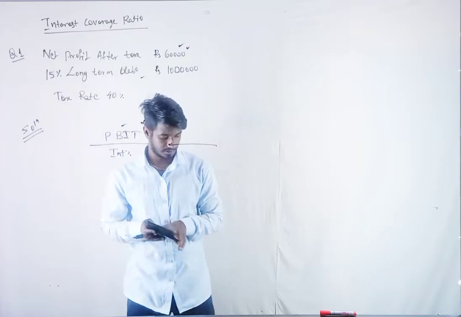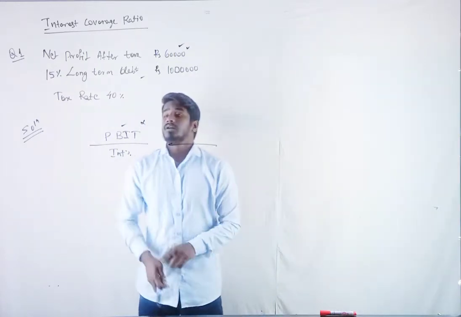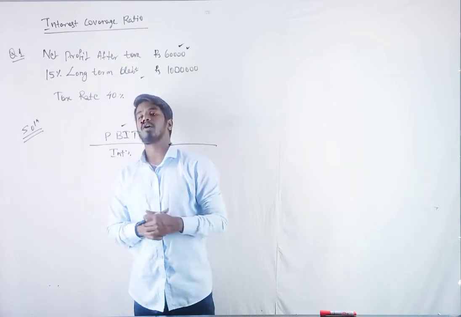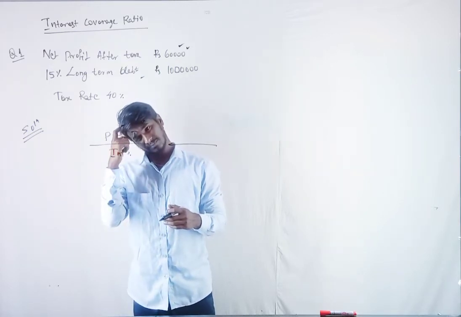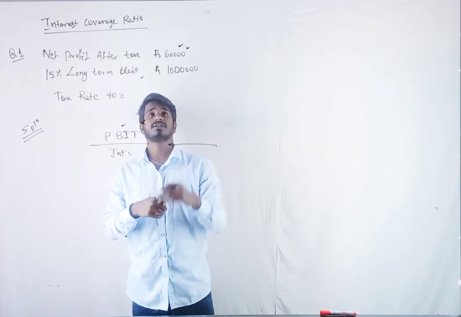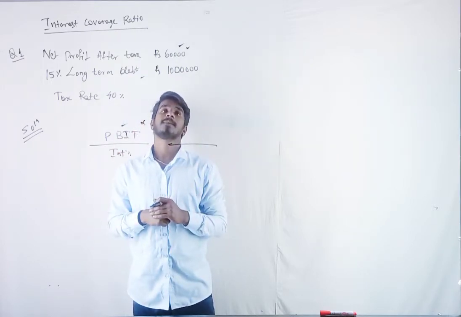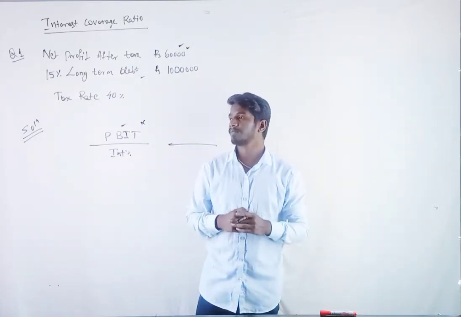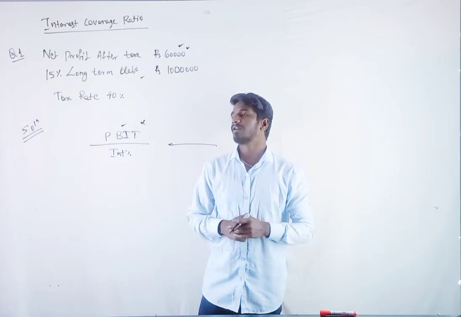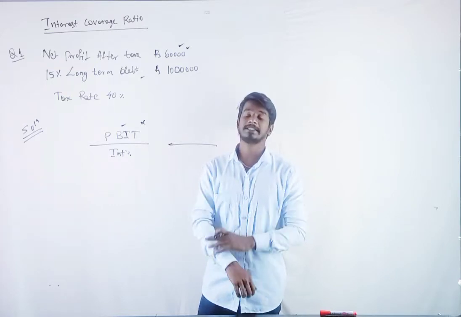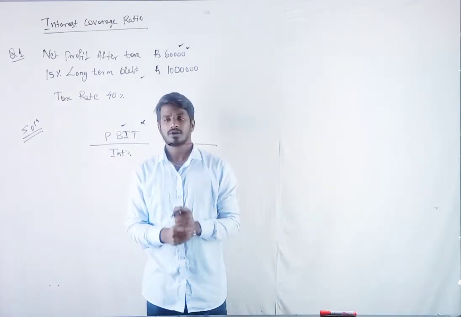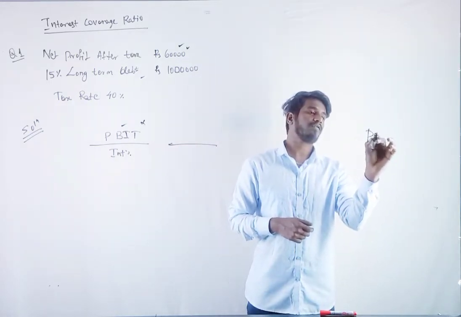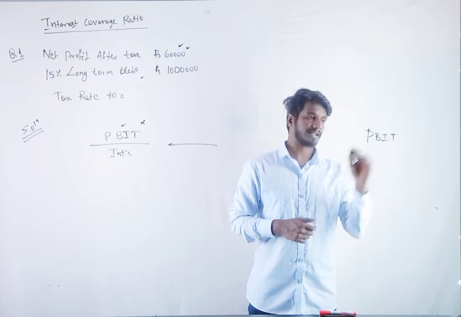Just a second. First, before that, we should calculate profit before interest and tax. Interest is obviously 10 lakh into 15% only, but we will calculate that later. First, profit before interest and tax.